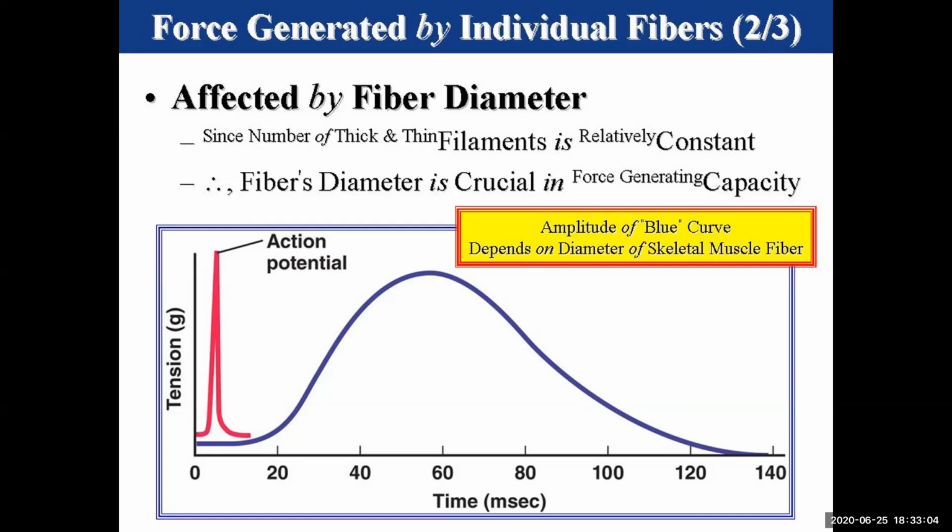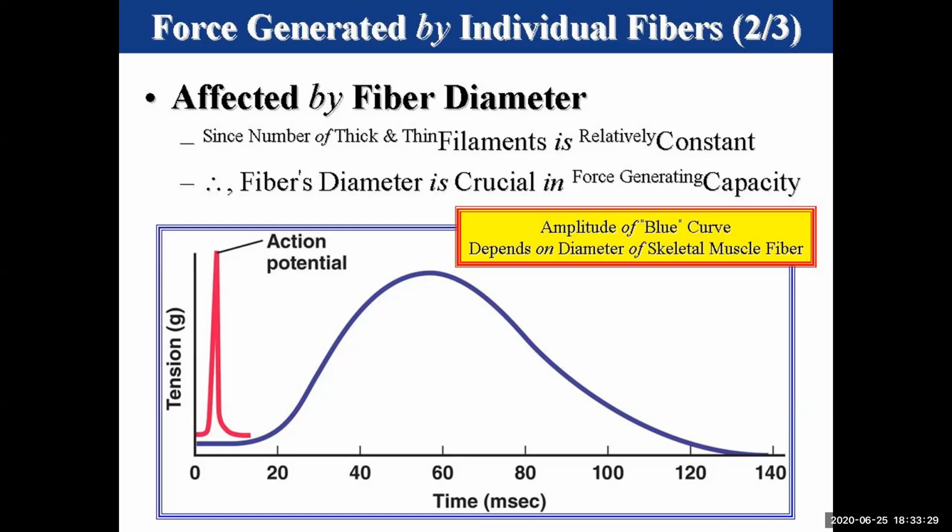The reason is, if you have a large diameter, it means inside that skeletal muscle fiber, the sarcoplasm contains many more myofilaments. It contains many more thick and thin filaments. It has many more myosin heads and actin protein for cross-bridge formation.